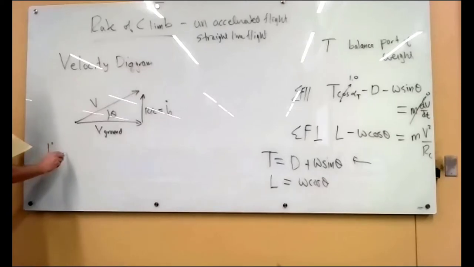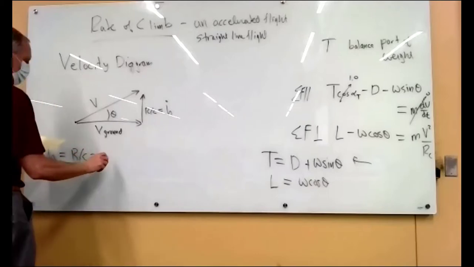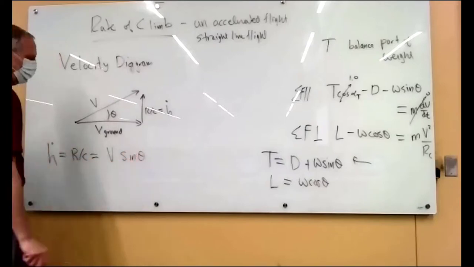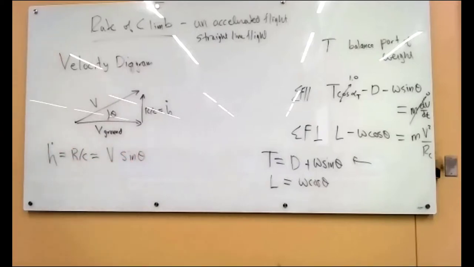So from this, it's really easy to know that the rate of climb is the velocity times the sine of theta. And that's the same formula we had for theta hat when theta was pointed down, and we said negative h dot was that.